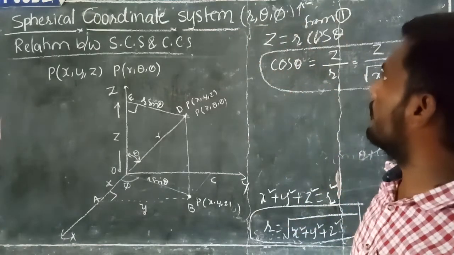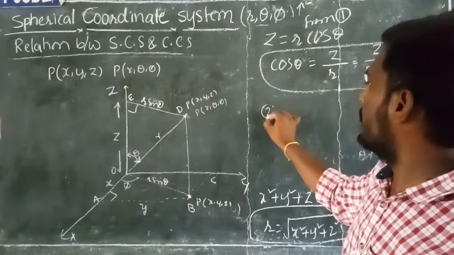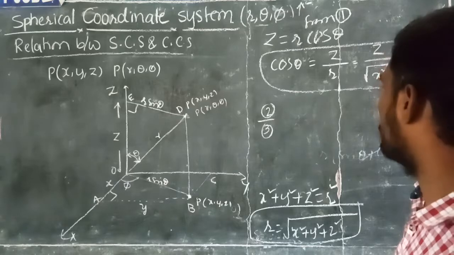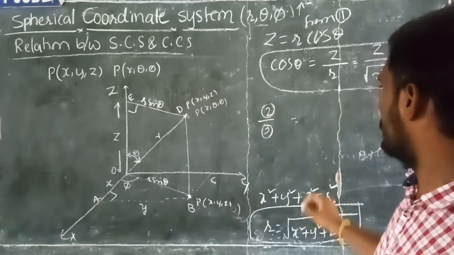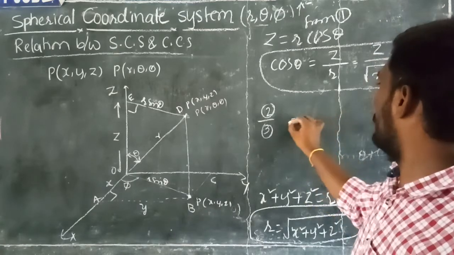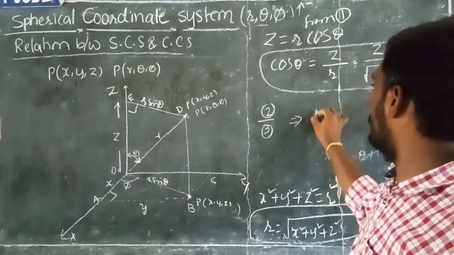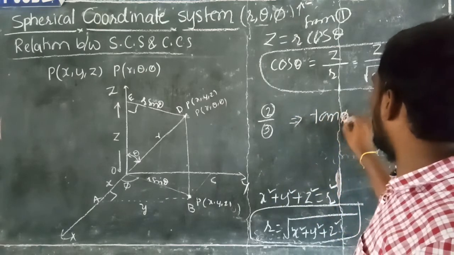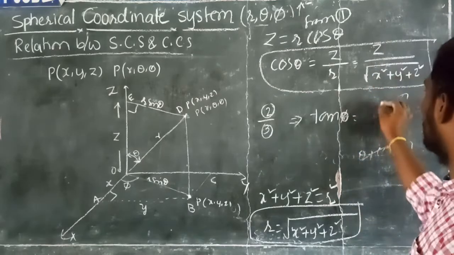Next, how can you calculate phi? By dividing equation 2 and 3. What is equation 2?